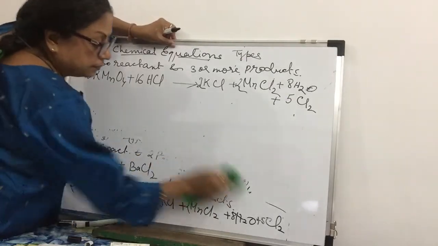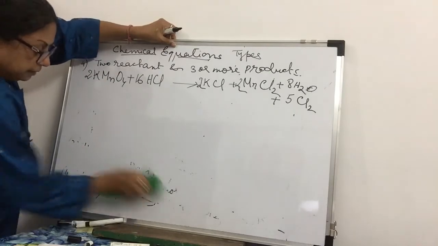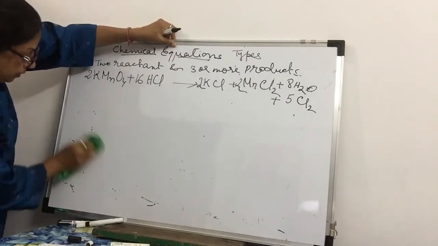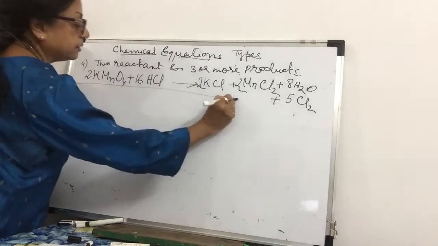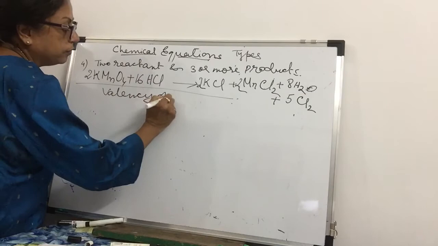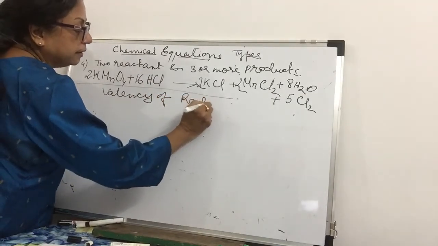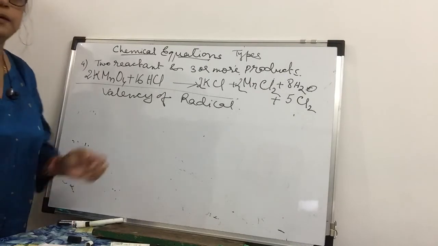Suppose we want the valency of some radicals. Just this part is different. Now here, what is a radical?